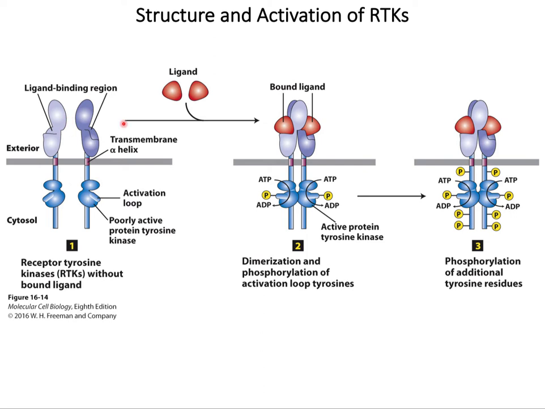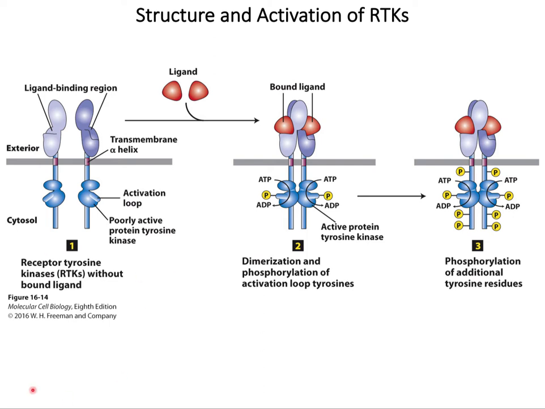They have a large extracellular domain that can bind to a ligand, a transmembrane alpha helix, and a cytosolic domain, and it is in the cytosolic domain that you have the tyrosine kinase catalytic domain. And when these cell surface receptors are not activated, so when they are not bound with a ligand, they exist as monomers in the plasma membrane. So they are single proteins in the plasma membrane.